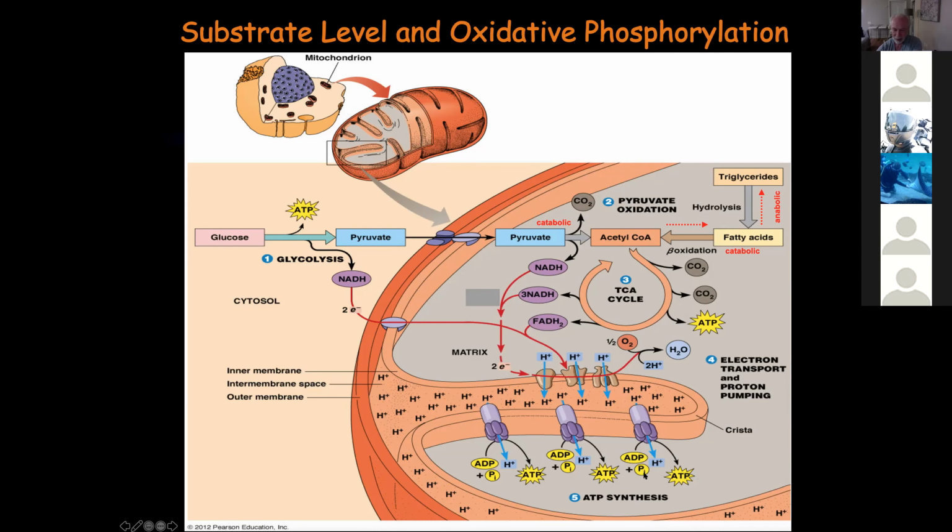ADP plus inorganic phosphate makes ATP. Okay, so is that clear? The sequence of events that occurs here, and the sequence of important molecules: glucose, pyruvate, acetyl-CoA, reduced carriers, electron transport chain, proton gradient, ATP synthesis.